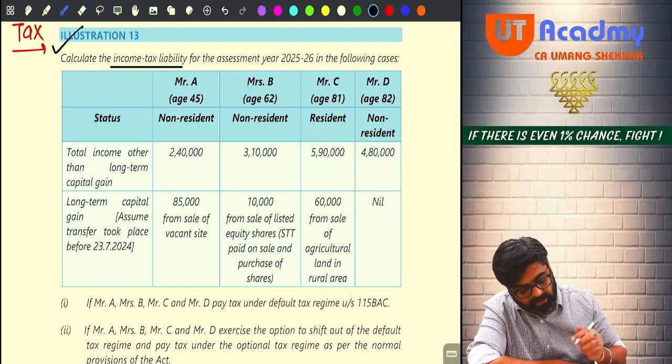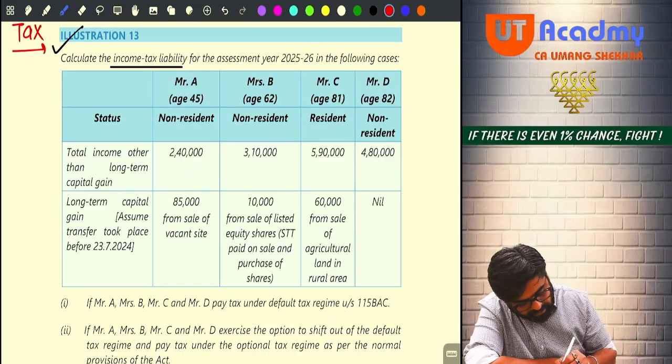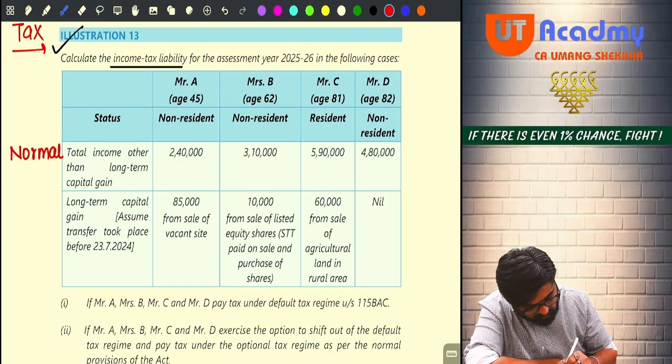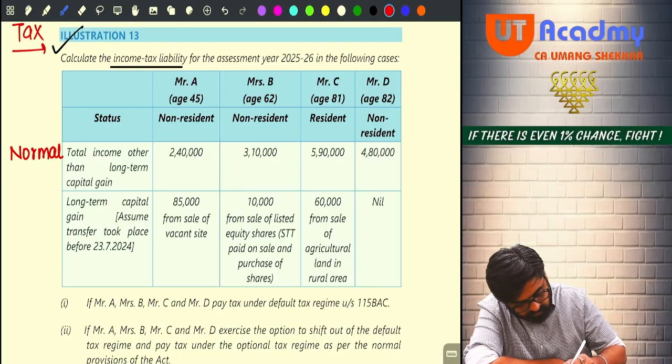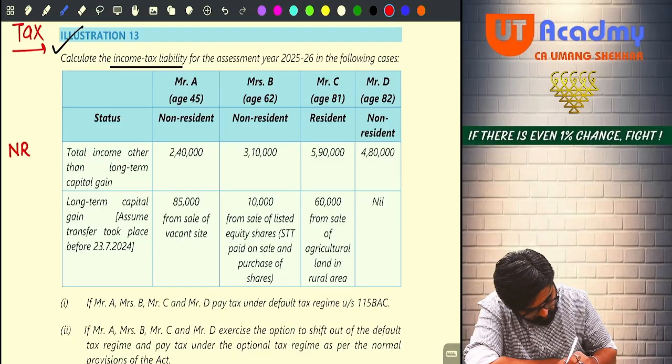So on this total income, either you will apply normal rates or 115BAC rate, as the case may be.